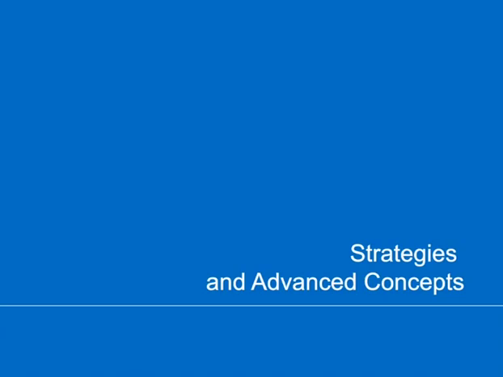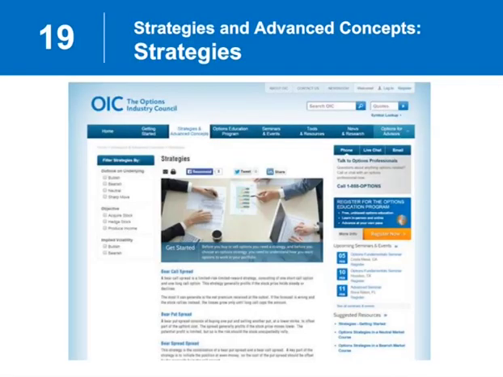The next drop down, strategies and advanced concepts. All kinds of goodies here too. Under strategies, there are just some great opportunities here. We basically give you a chance to pick a bullish, bearish, neutral, or sharp move forecast in your underlying. And then on top of that, we have different objectives.